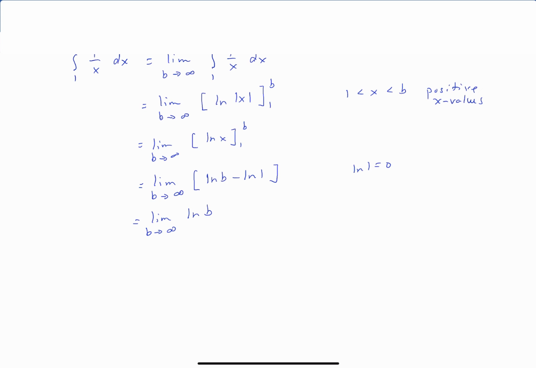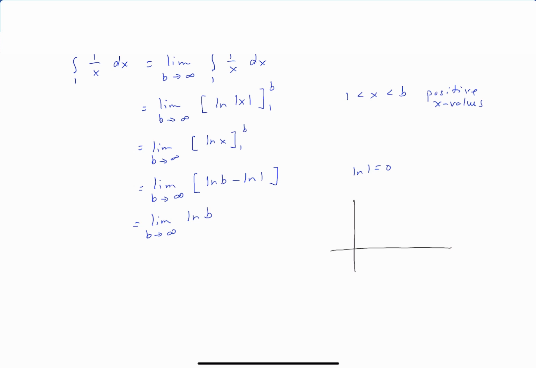Let's remember what our natural log function looks like, which is something like this. It goes through the x-axis at 1. We're thinking of a b value that's greater than 1, but then we're letting that b value go infinitely far to the right.